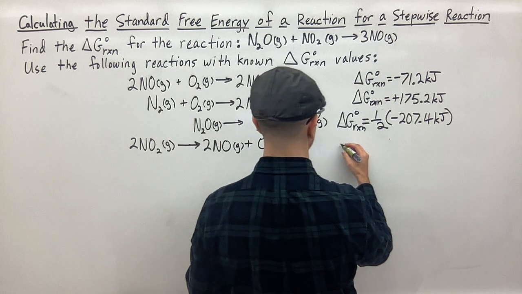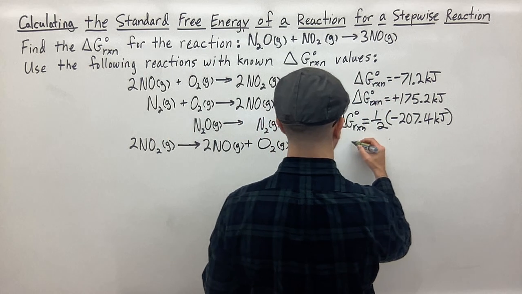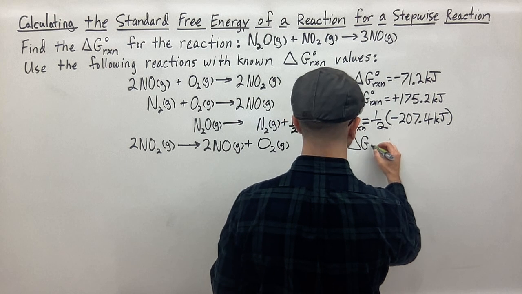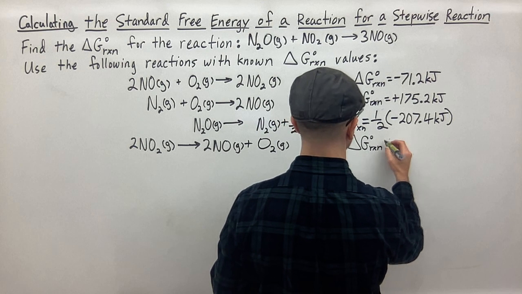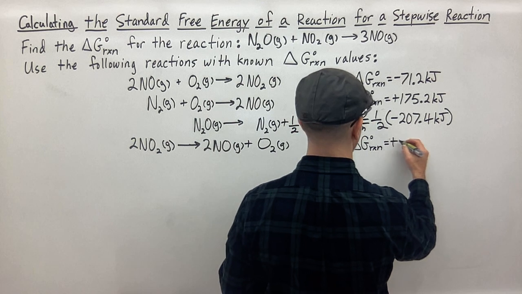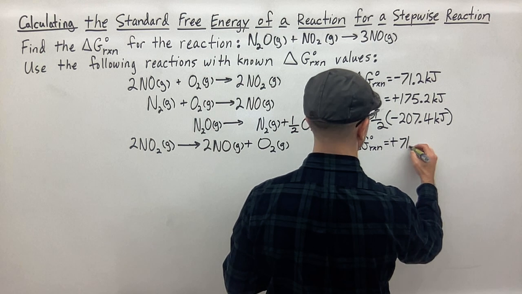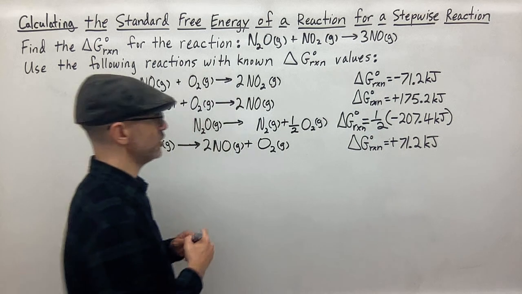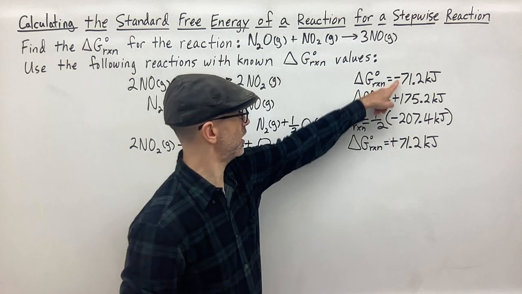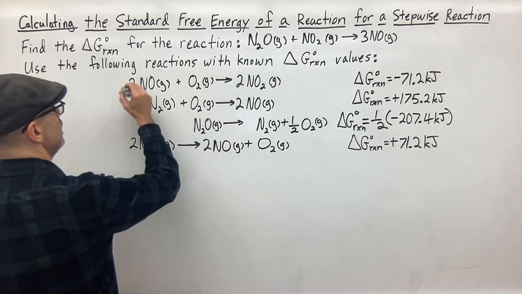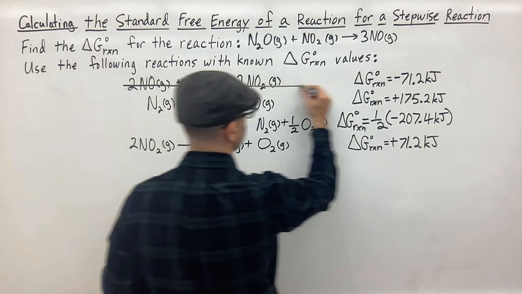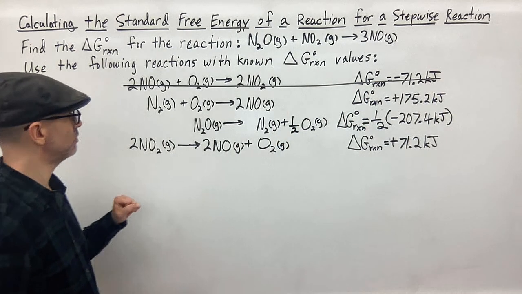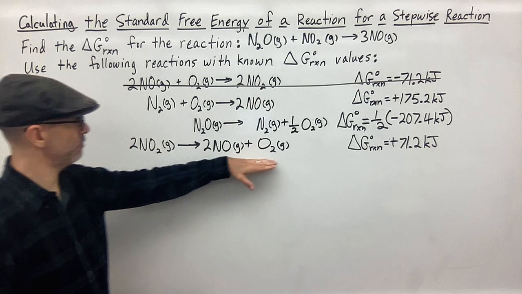So now the standard free energy change of the reaction is equal to a positive 71.2 kilojoules. So I changed the sign from negative to positive. I'm going to cross this out so I don't get confused, since we don't need that one anymore. Okay, so now I have this one.